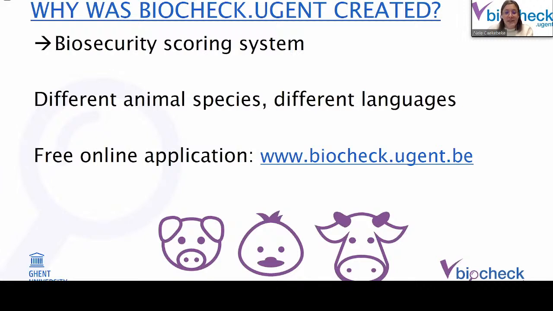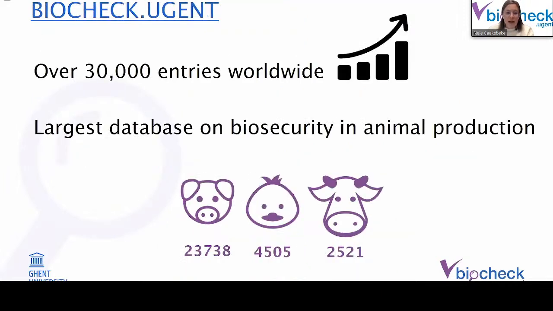So for everyone that is interested to know how your farm or your client's farm is doing regarding biosecurity, you can just access the website. It's fairly straightforward, and choose, in the case of African swine fever, of course, the pig survey, and you can get started. Now, we have had the tool for over 10 years now.